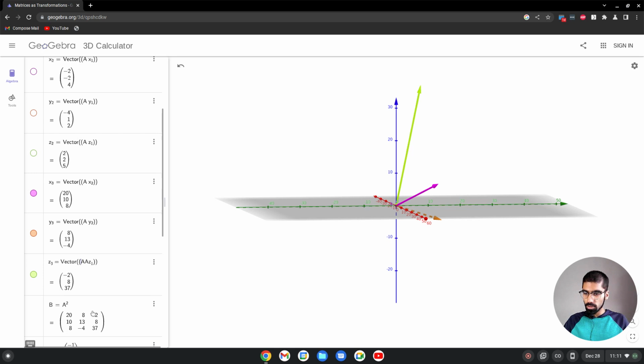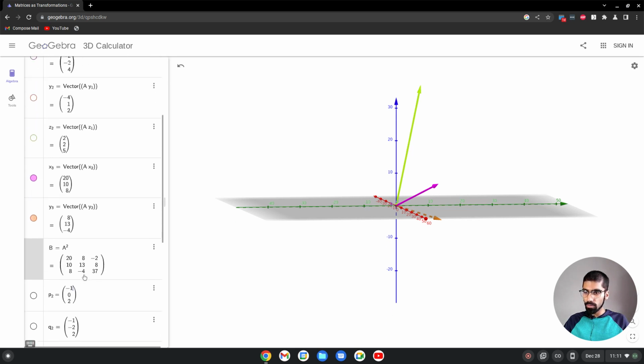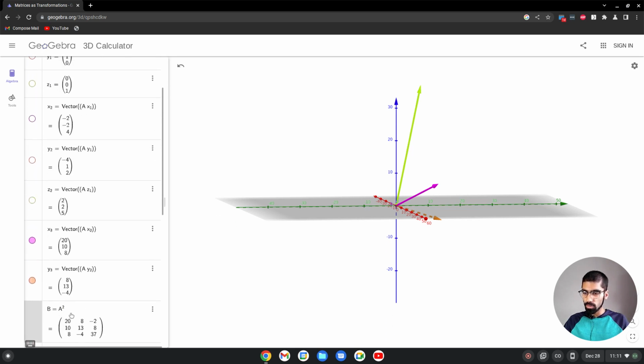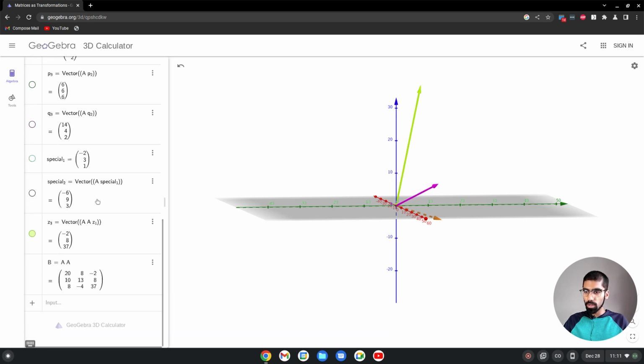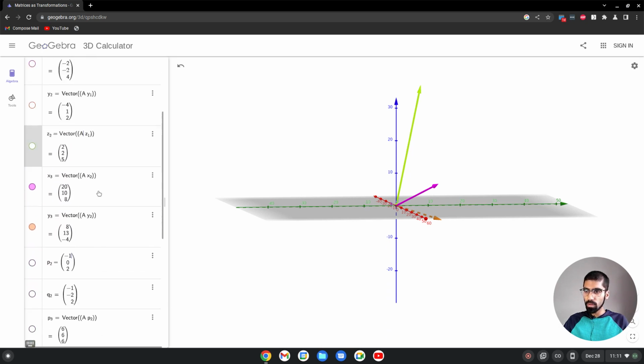To make that more intuitive, let's say I have B is equal to A times A, or A squared. This gives me a new matrix that I can use to multiply up here.